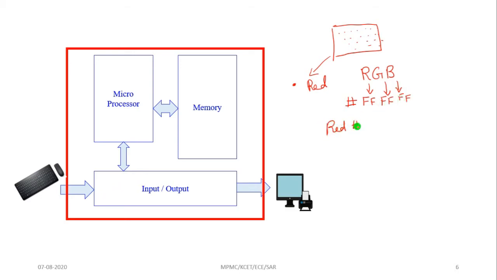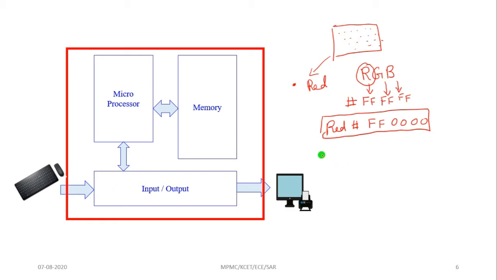How can the image pixel be stored? Here, red color means only the red component is on. That's why the red term is represented by FF, and the others are 00. Clear? This is the pure red color. This is the hexadecimal representation.